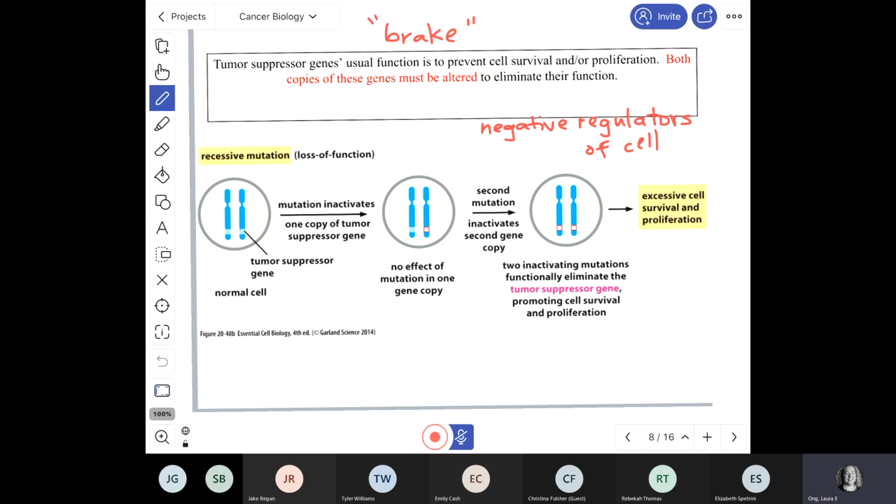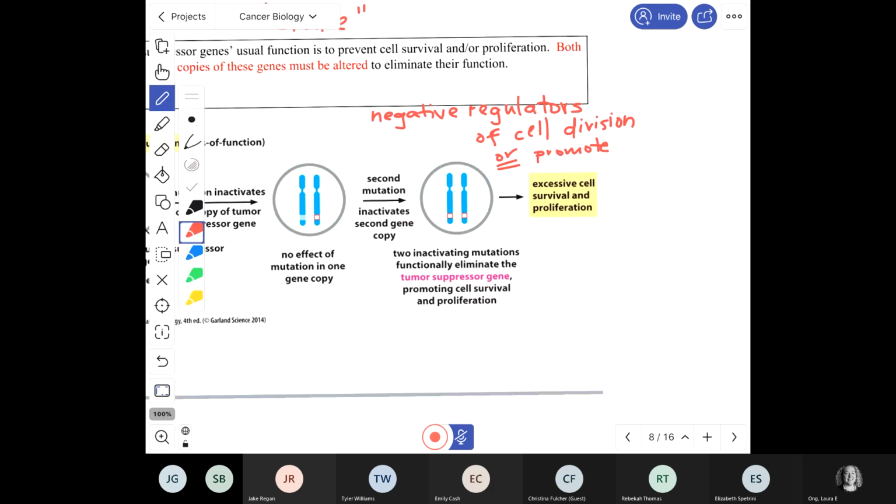Okay. So these tumor suppressor genes can be negative regulators of cell division, or they might be things that promote apoptosis. The normal function of a tumor suppressor gene is that it slows cells down from dividing, or it promotes their death.